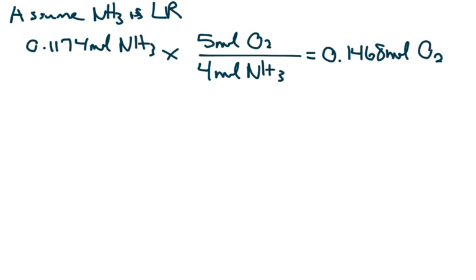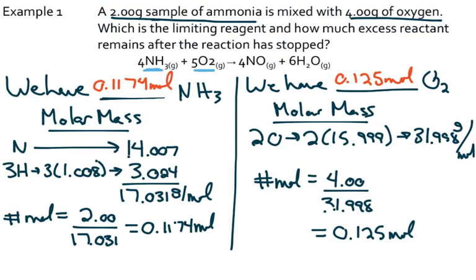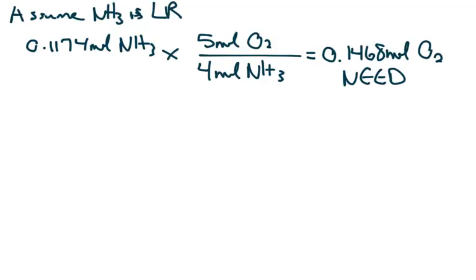And this 0.1468 moles of O2 is what we need if we use up all of our ammonia. Looking back, we actually only have 0.125 moles of O2. So we do not have enough O2 to use up all the NH3.